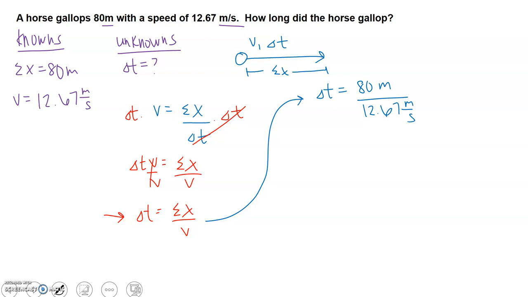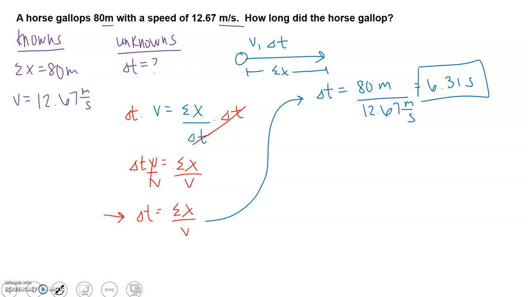This comes out to be 6.31 seconds. Be sure to include a unit in your answer. And then finally, is that a reasonable answer? I would say yes. And box your answer.